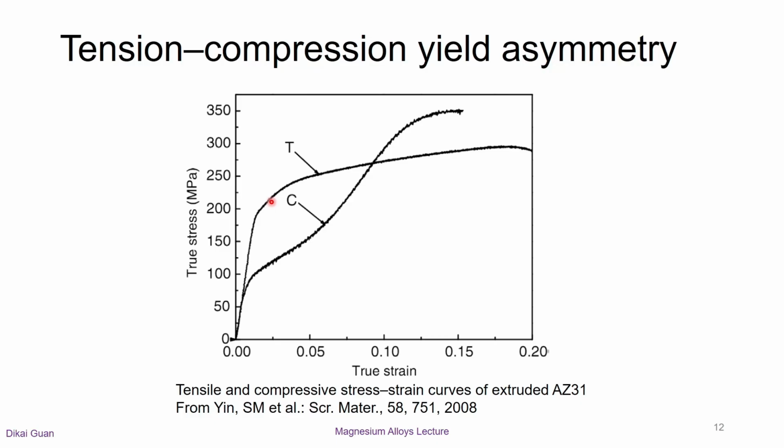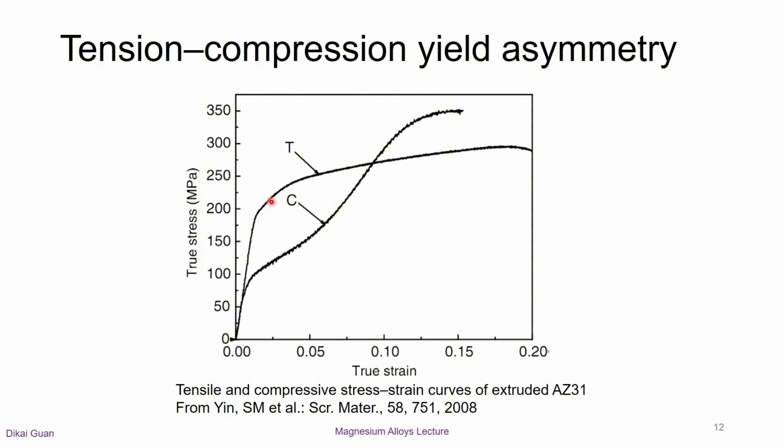The main reason for this is magnesium extrusions develop a strong texture during processing. The basal planes, randomly oriented in grains, are rotated so that they are approximately parallel to the extrusion direction. For example, the 10-10 axis is parallel to the extrusion direction.